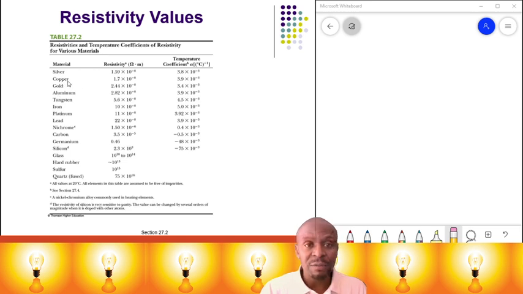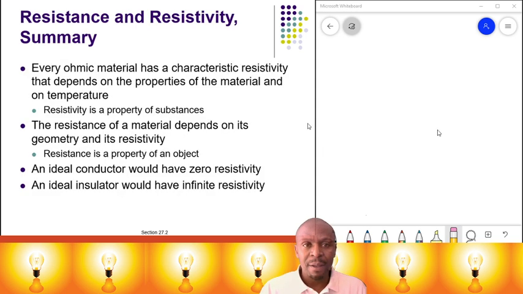The resistivity of copper is given by this. You also have the temperature coefficients, but I will introduce those a little bit later. Those are the properties of the material used to develop that resistor.